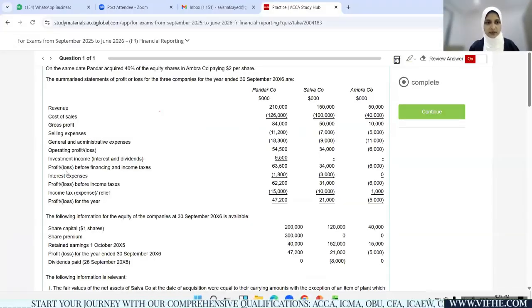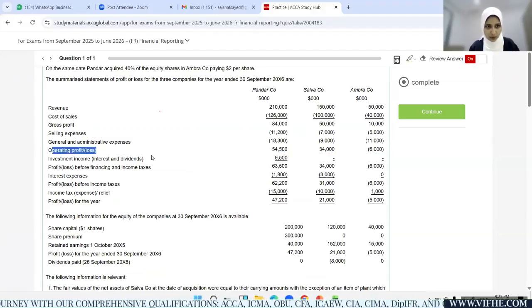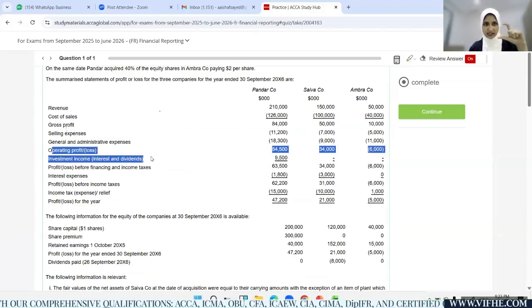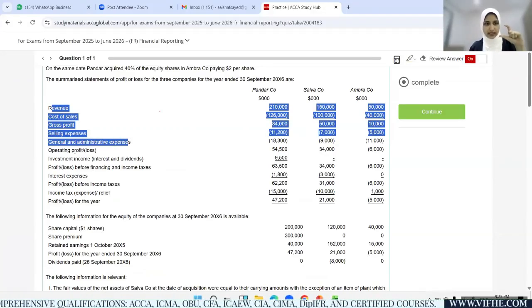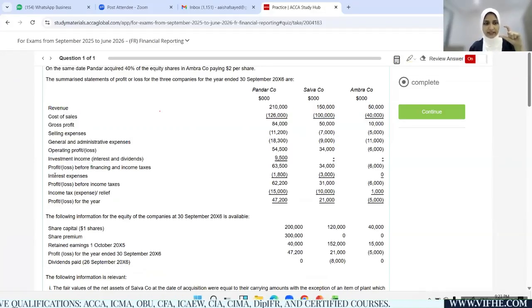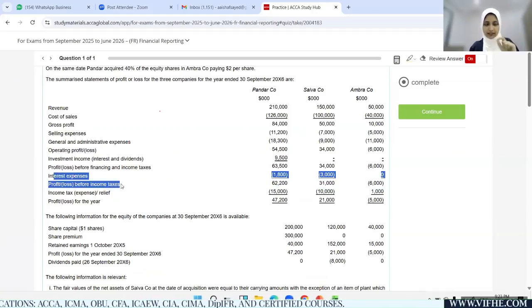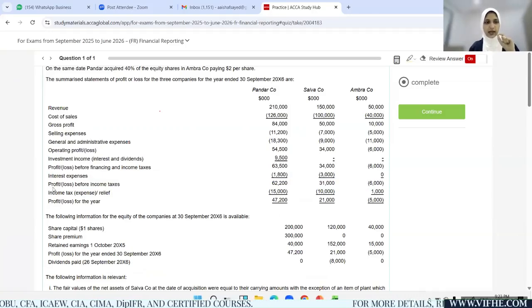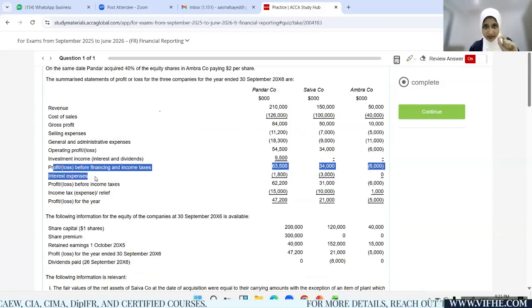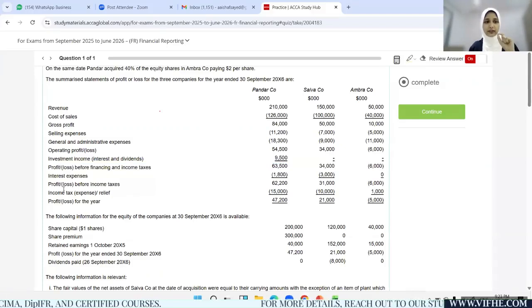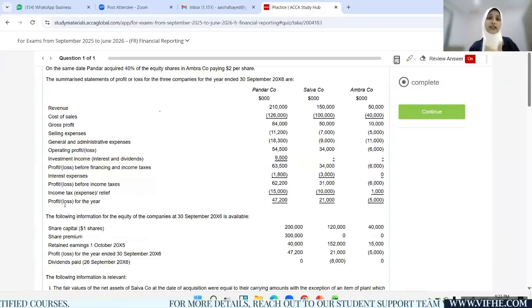Then you have investment income, and then, of course, the regular format, profit before financing and income taxes. So this portion is the investing side. This was the operating side. Then you have the investing side, and finally, where the interest element comes in is your finance side. Then you have your tax side, and then you have the discontinued operation side if you have discontinued operations.